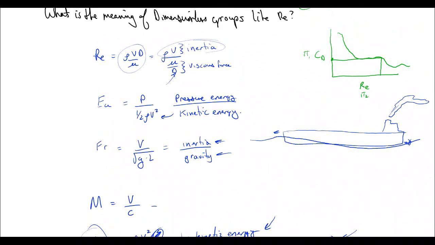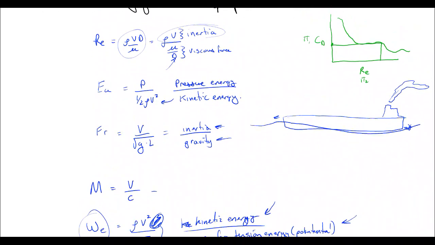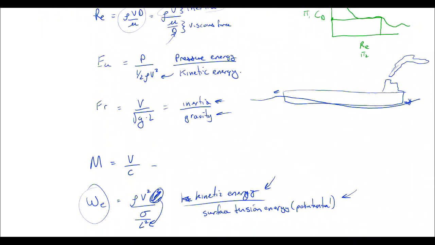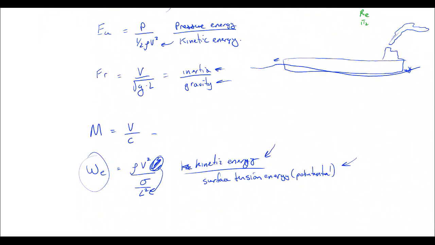In order to simplify the experiments, we use dimensional analysis to reduce the dimensionality of our problem. Remember, P is equal to n minus k, where n is the number of physical variables and k is the number of physical primary dimensions. So we reduce the dimensionality of the problem by the number of physical dimensions, so we end up with fewer variables that we can use to do our experiment.